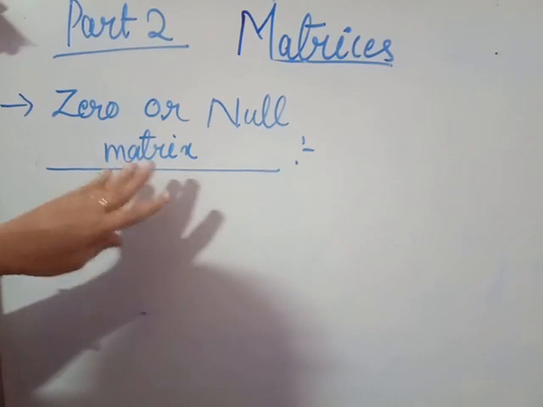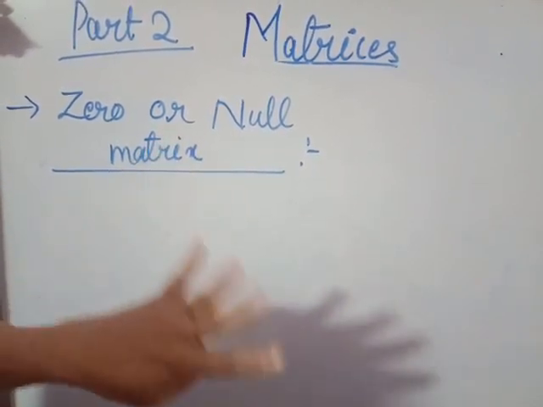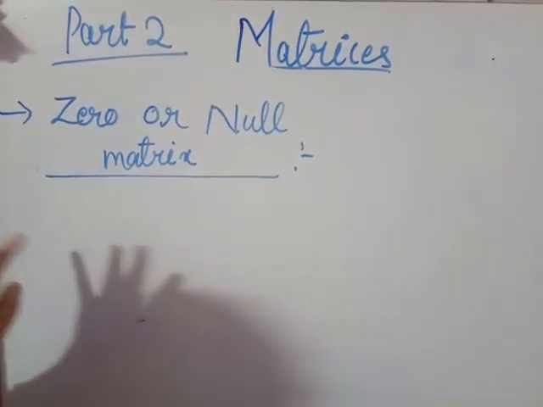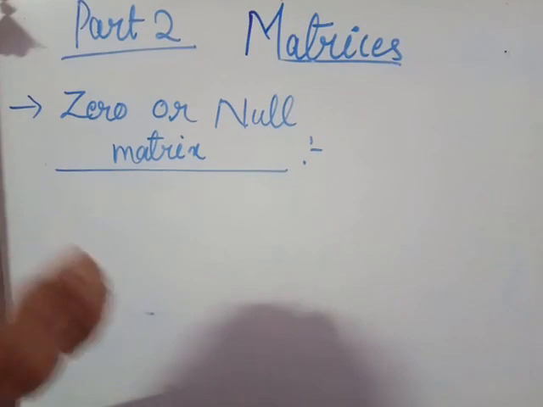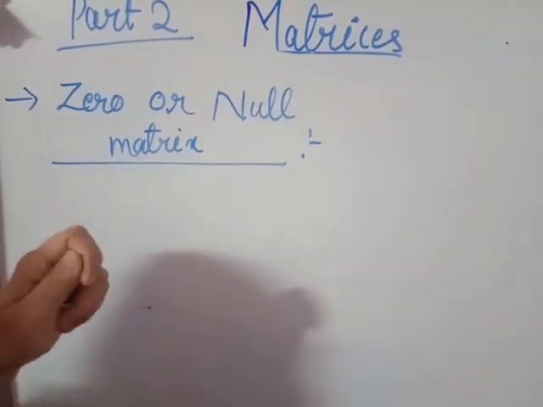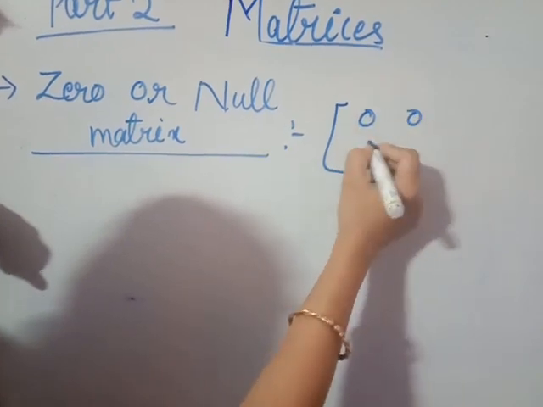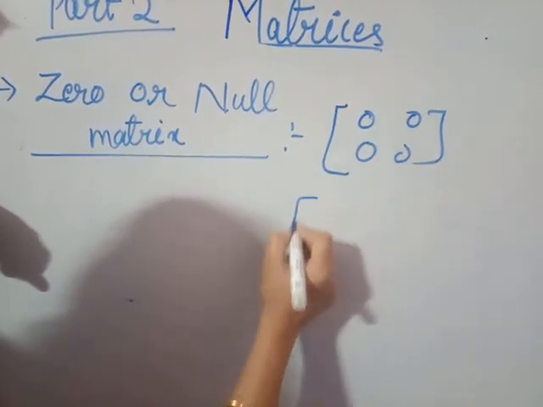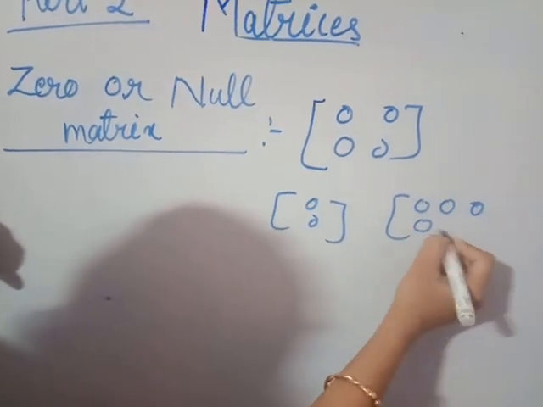It does not matter whether the matrix is row, column, rectangular or square, if each and every element of the matrix is 0, for example 0, 0, 0, 0, or only 0, 0, or 0, 0, 0, 0, 0, 0.